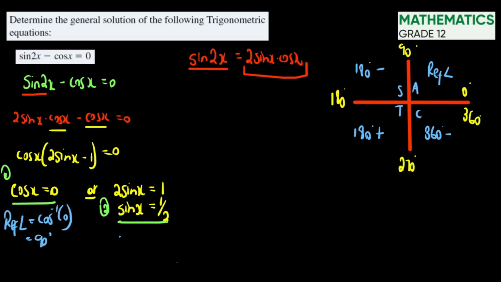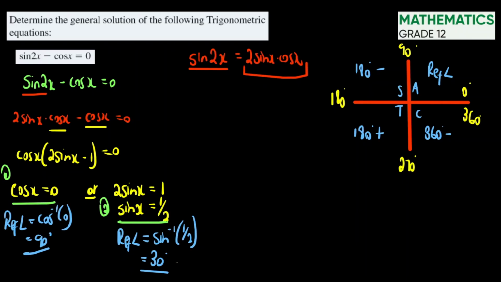Then we find the reference angle for sine, which will be the second function of sine of 1 over 2. In your calculator, you can either use shift sine depending on the calculator you have. Then you substitute your half into brackets and you get 30 degrees. So we have two reference angles, 90 and 30. 90 is for cos and 30 is for sine.